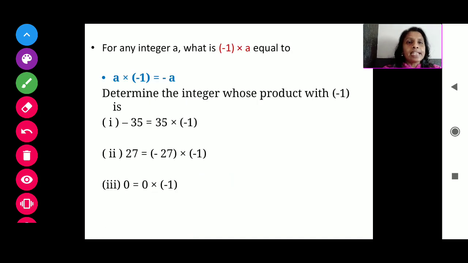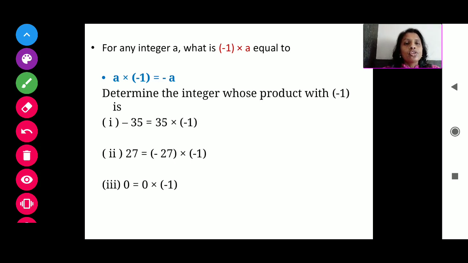For any integer a, what is -1 into a equal to? In the previous slide we have learned that when we multiply any integer with -1, we get the additive inverse of that integer.